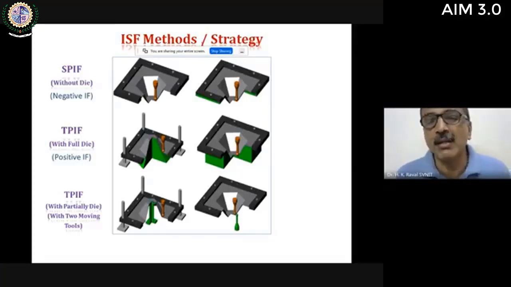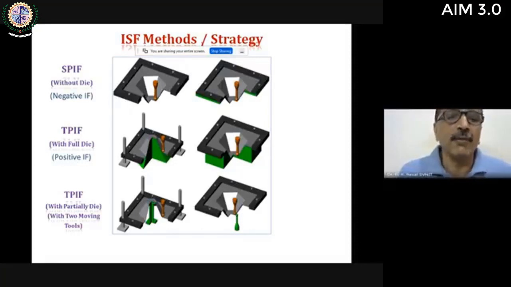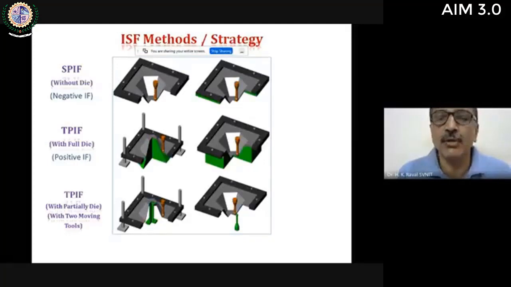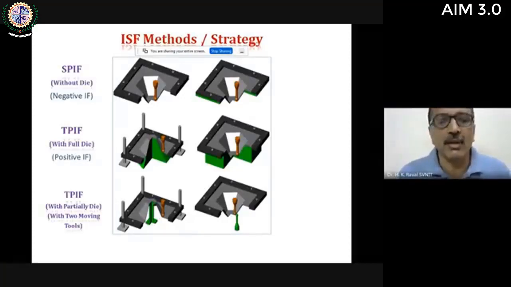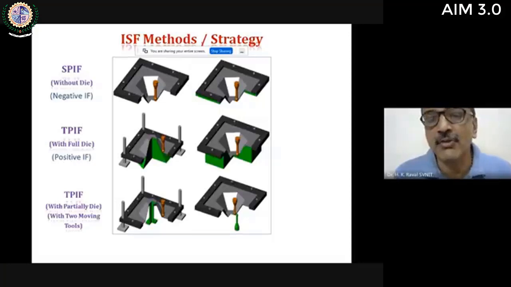You can see in the second picture, it is a classical image of positive incremental forming, wherein two tools are used. One is called a backup tool or supporting tool, and another is the forming tool on the top. Similarly, the third figure shows again TPIF, two-point incremental forming, but here, instead of a stationary tool, we have a moving tool at the bottom also.